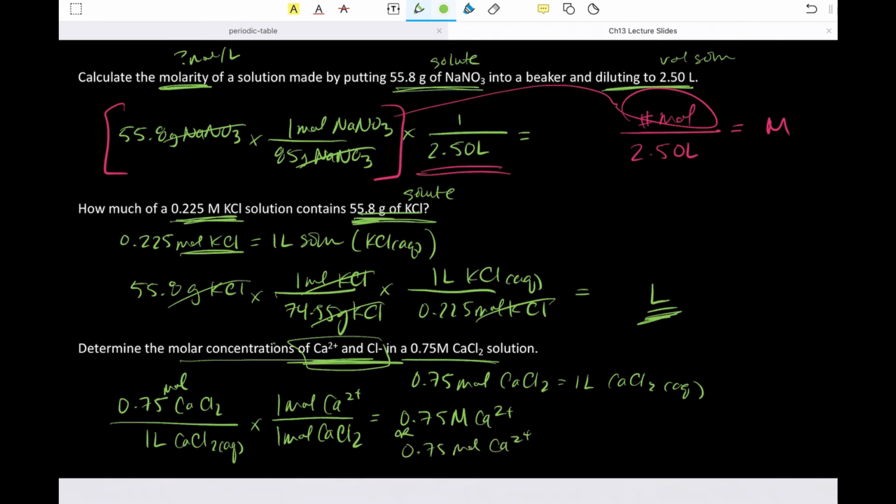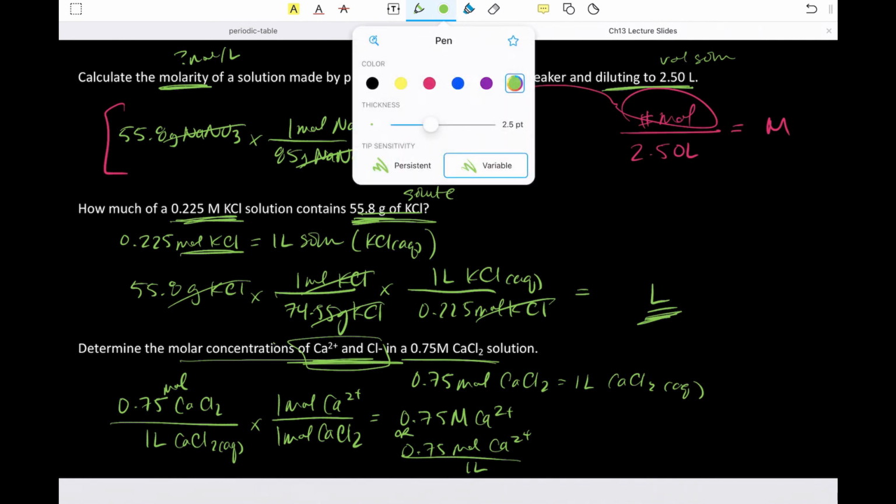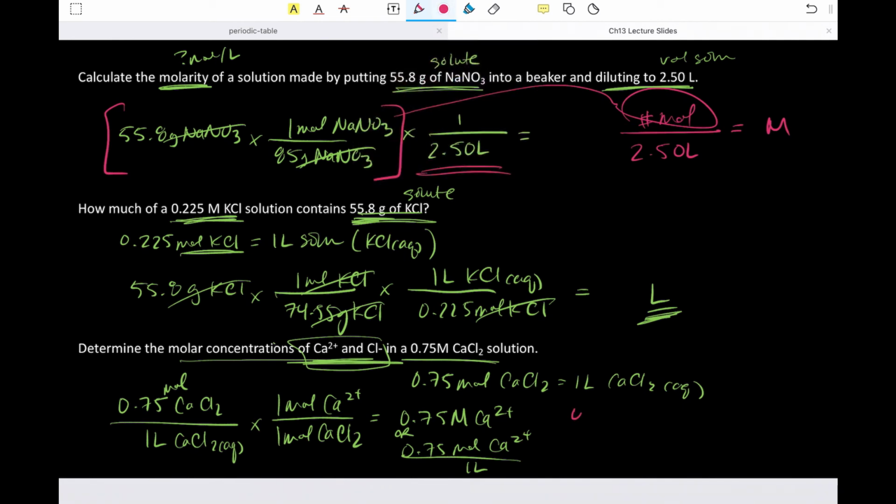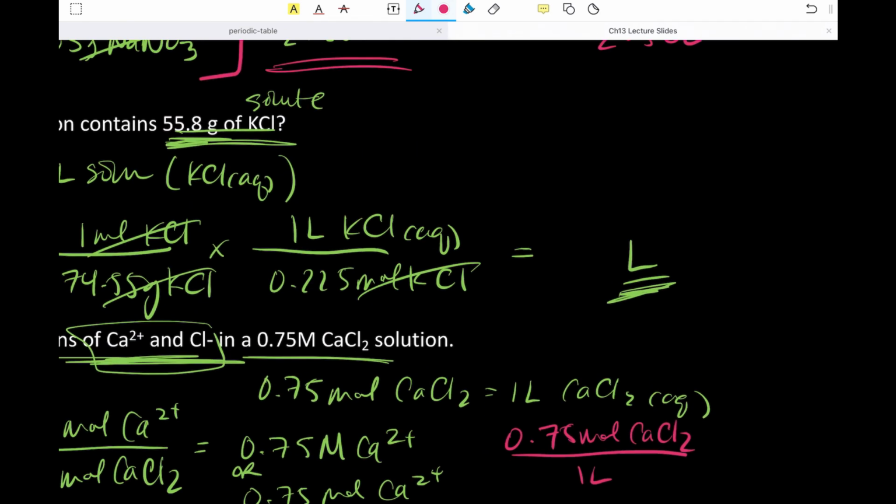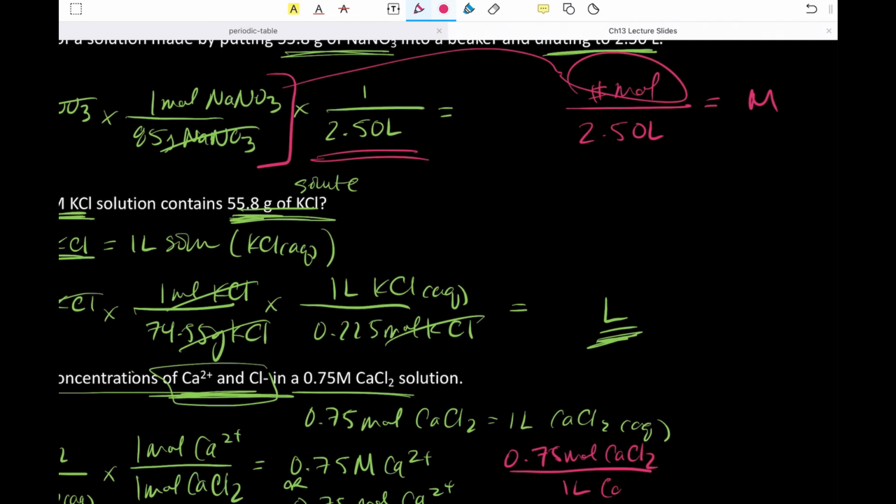And that would be okay also, whichever way you would like to express that. And for the other half of that problem, I would simply say 0.75 moles of CaCl2 for every 1 liter of CaCl2 aqueous, and for every 1 mole of CaCl2, there are 2 moles of chloride ions.